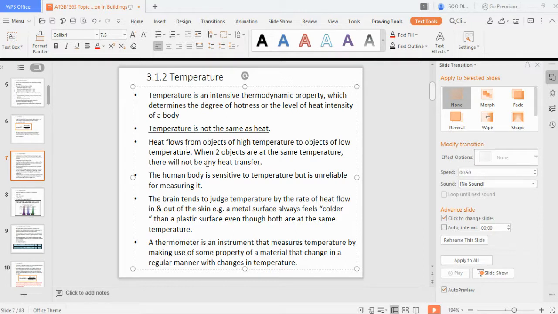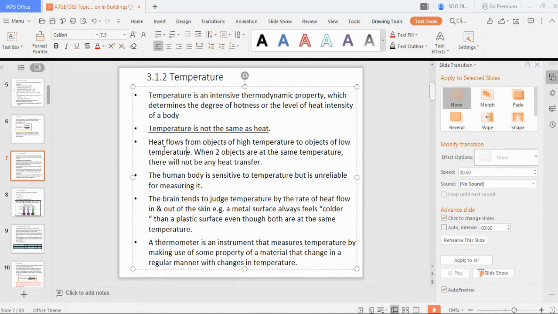You can go to 4 to 5,000 degrees Celsius if you're very close to the sun, or if you're very far away from the sun, you can go to negative 3,000 degrees Celsius. So temperature is just a scale which measures the degree of hotness in a body. So they are not the same as heat.